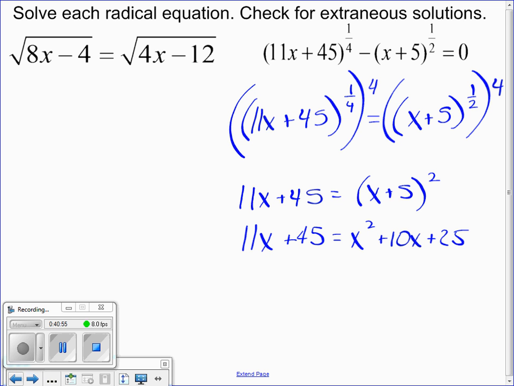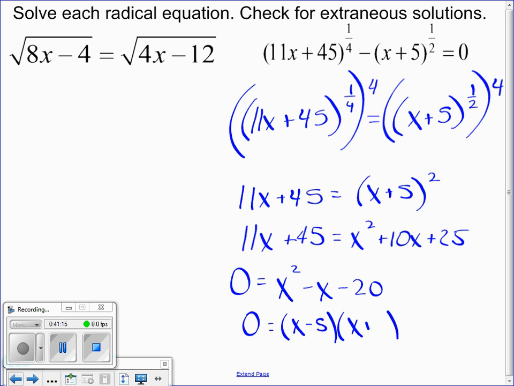It's x squared plus 10x plus 25. Remember that's x plus 5, x plus 5. You have to distribute all that. So then we get 0 equals x squared minus x minus 20. Yeah, that actually factors. x minus 5, x plus 4.